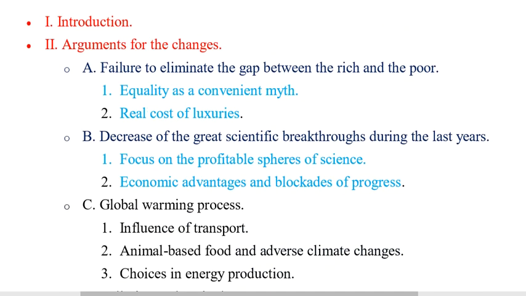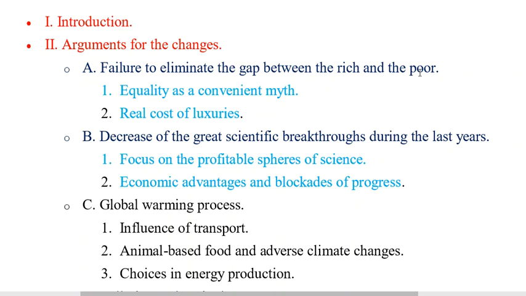Now it comes the more interesting way. Every introduction, every chapter is again divided into subsections. For example, 1 is equal to A plus B plus C. Look at here, arguments for the change. It is the main chapter 2, and then subheading of the chapters like A, failure to eliminate the gaps between rich and the poor.